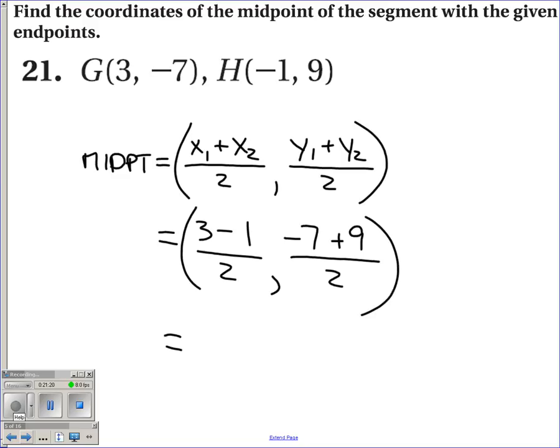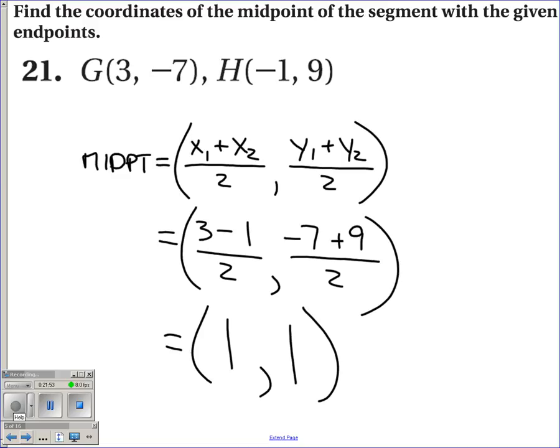And now we need to simplify. 3 minus 1 is 2 over 2. And -7 plus 9 is also 2 over 2. But again, what is 2 divided by 2 in each of these cases? This is a 1, and this is also 1. So the midpoint between G and H is 1, 1.